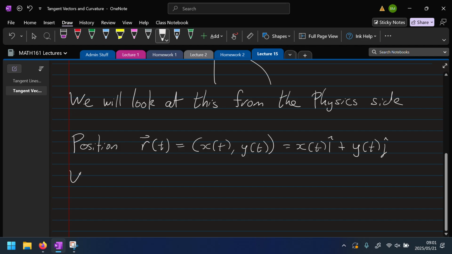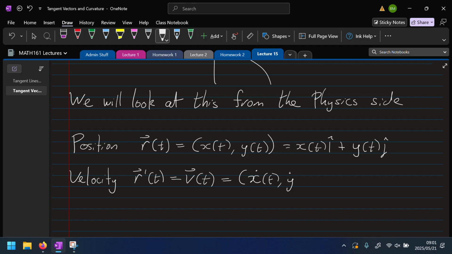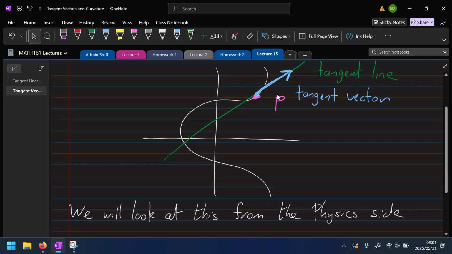Then we have the velocity. That is r prime of t, but we give it a special name, v, for velocity. And this will be x dot of t, y dot of t. This will be the velocity vector, also the tangent vector.